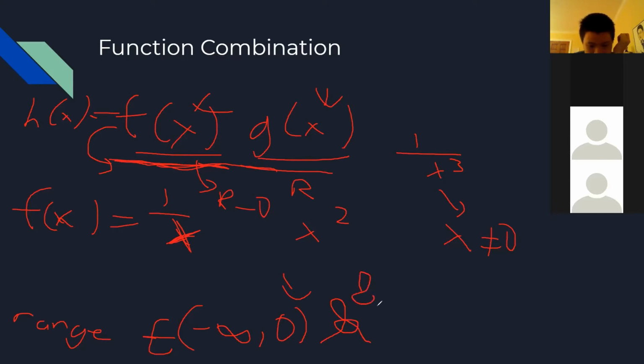No, it's this. That's a better drawing. And 0, infinity, it can't be 0 on this side either. So when combining functions, you need to look out for ranges and domains, but otherwise it's pretty simple to add, subtract, multiply, or divide them.